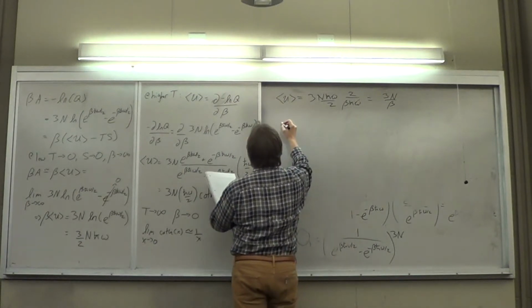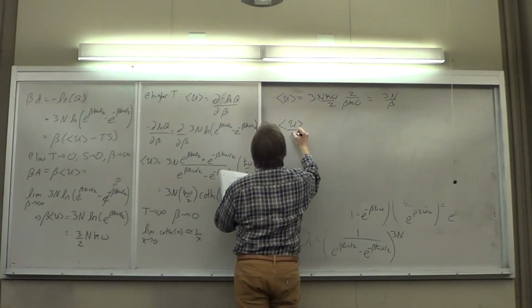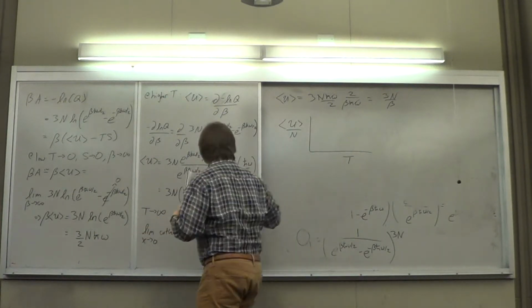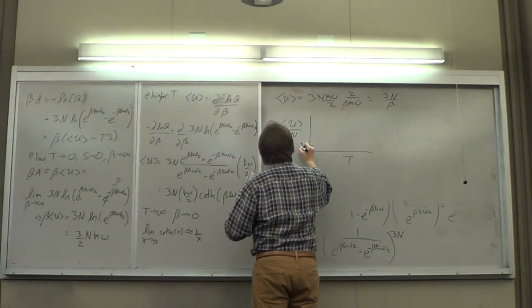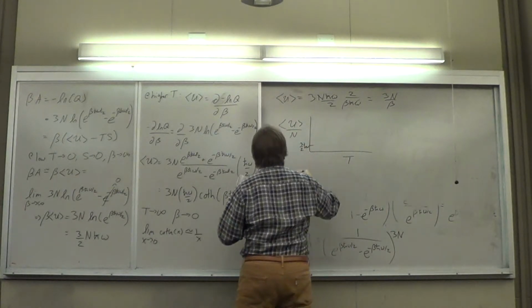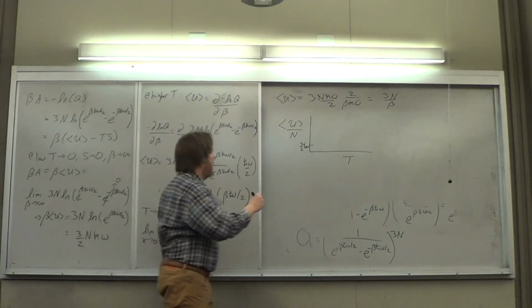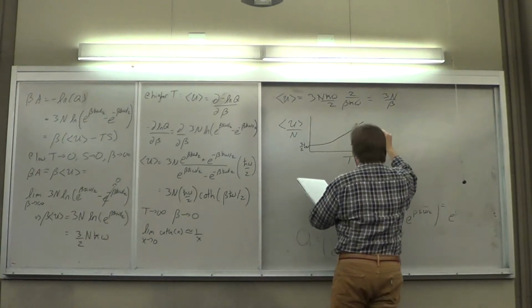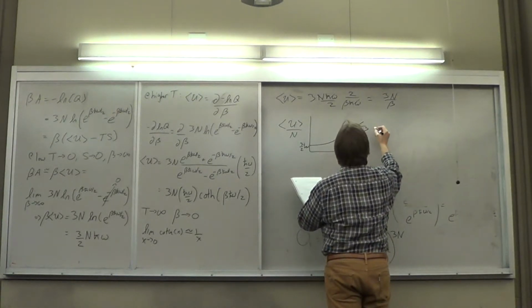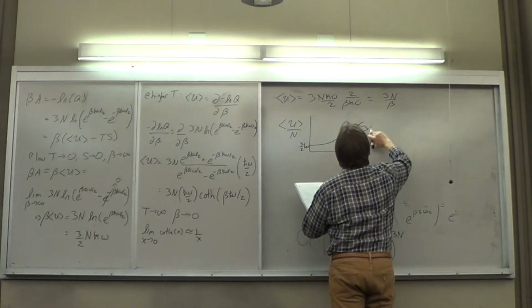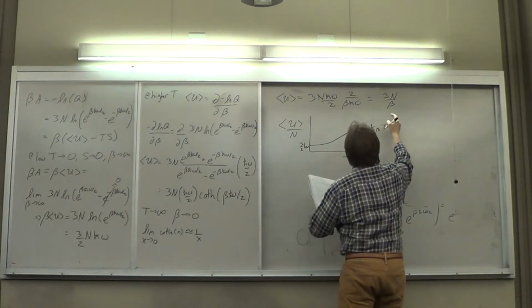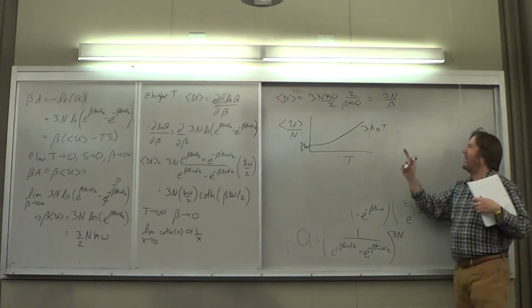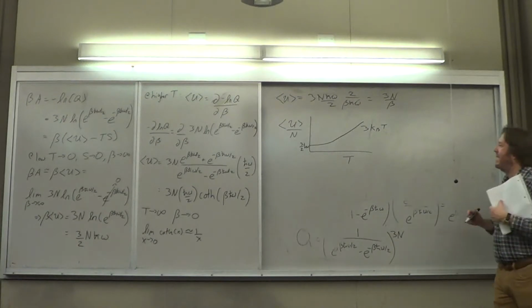So that means if I plot the internal energy over N as a function of temperature, you get 3/2 times the frequency, and then it actually just increases as a line, which is basically 3 kBT. Remember beta. When you go to PChem talks, you see beta. Beta is always 1 over kBT.